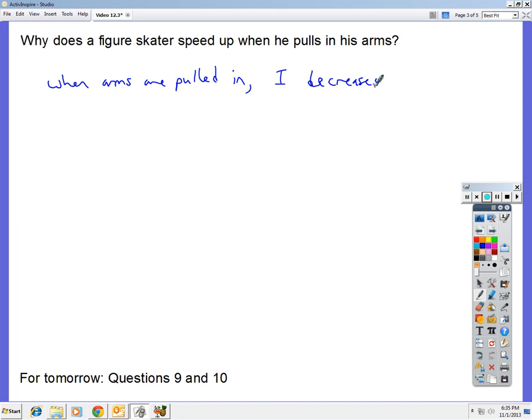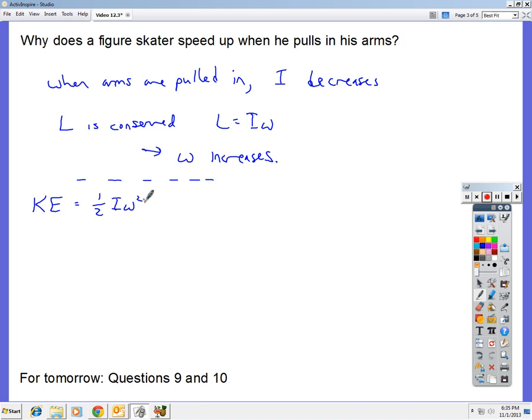Now, for an ice skater, the torque is very nearly 0, and so that means L is conserved, and L equals I omega. Well, if I is decreasing, that means omega increases. And that's cool. But it gets even better. Now, if you look at the rotational kinetic energy, that's 1/2 I omega squared.